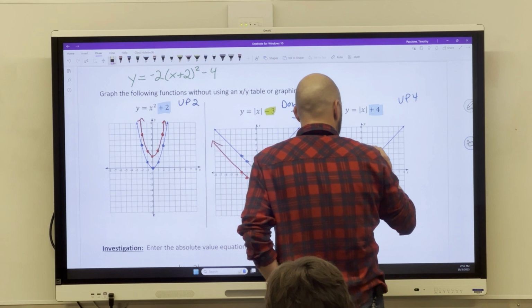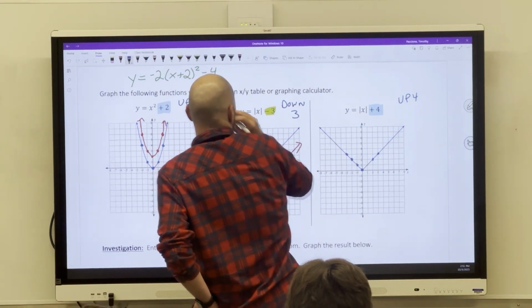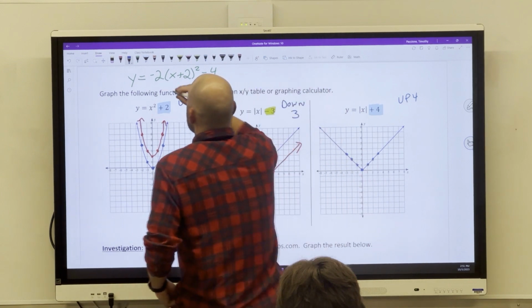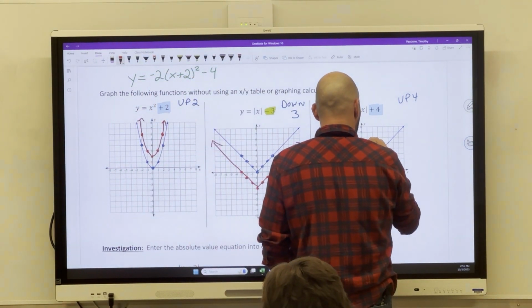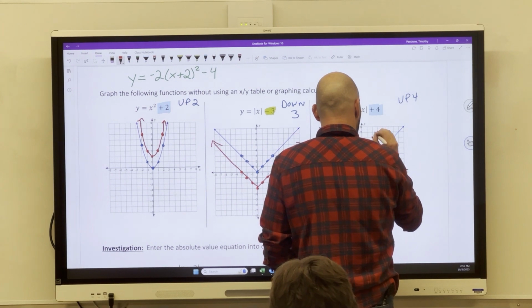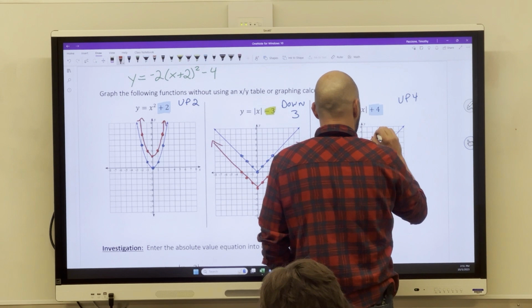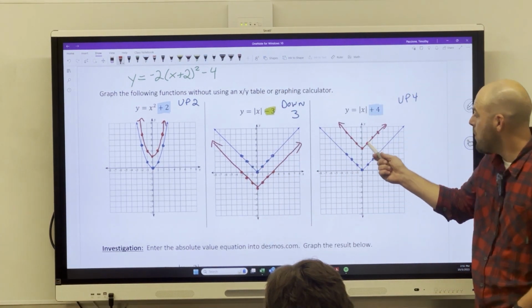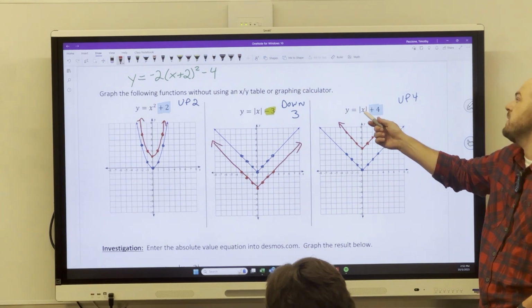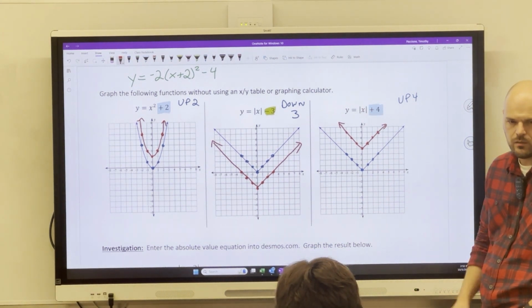Move them up 1. And it gives us a shortcut. And now I have the graph for absolute value x plus 4, but I didn't have to do an xy table. That's the whole idea, right?